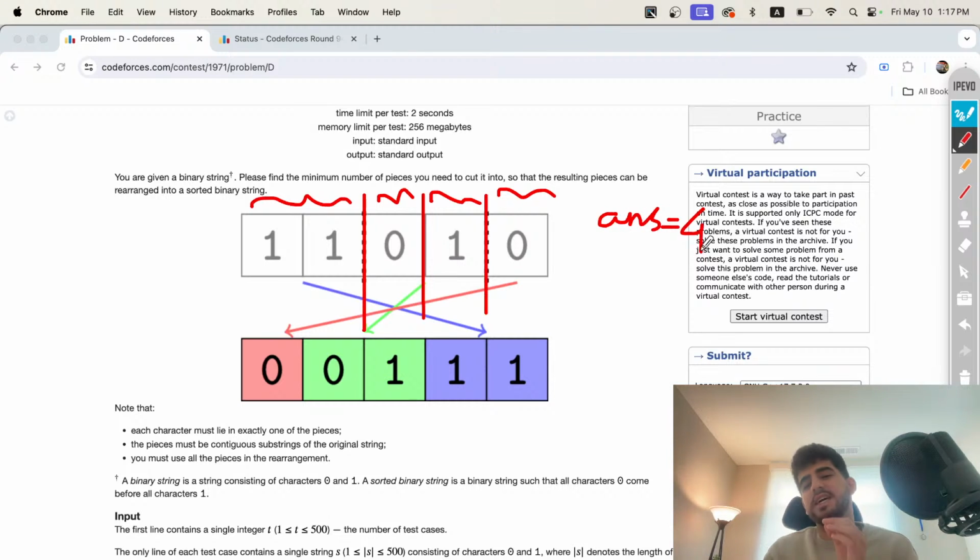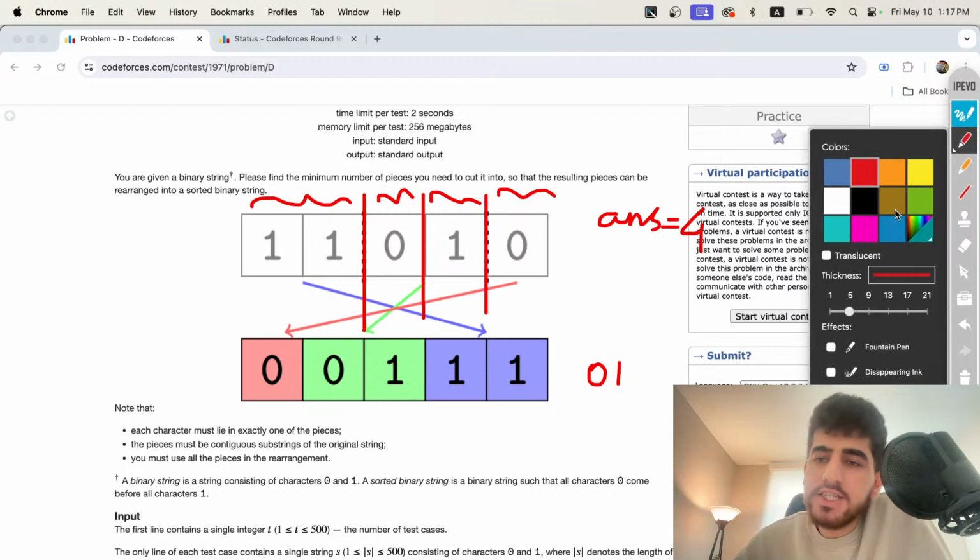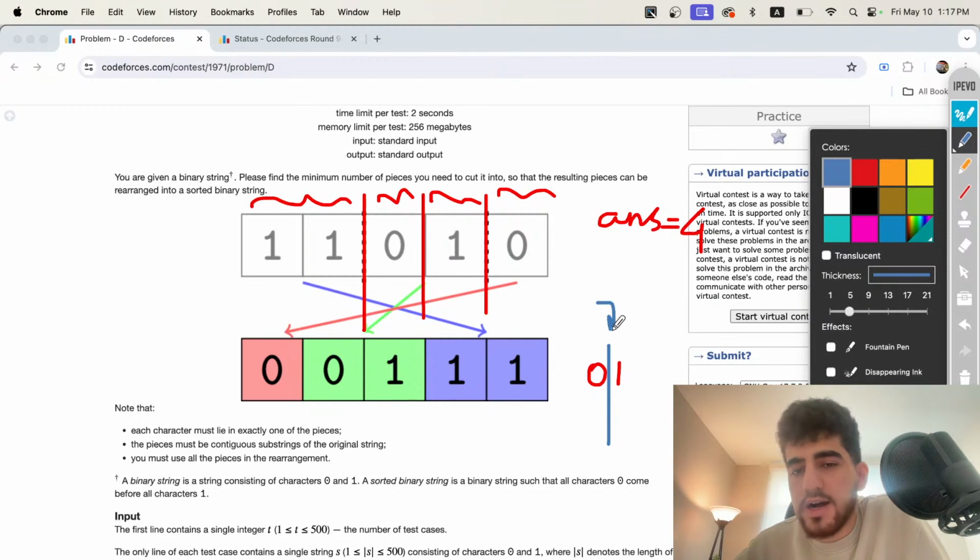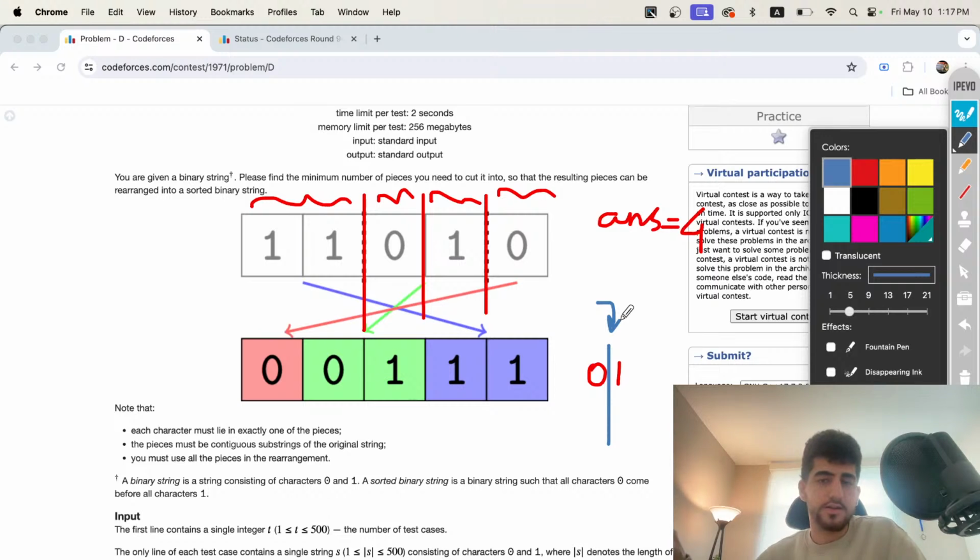Then I check if there is at least one position where we have a 0 and after that a 1. Initially I had a cut there, but for one of them I can avoid having a cut. So if there was one such position, I subtract 1 from my answer. If there was none, I just print my answer.